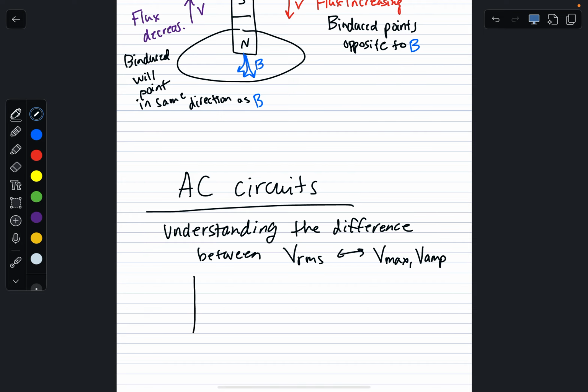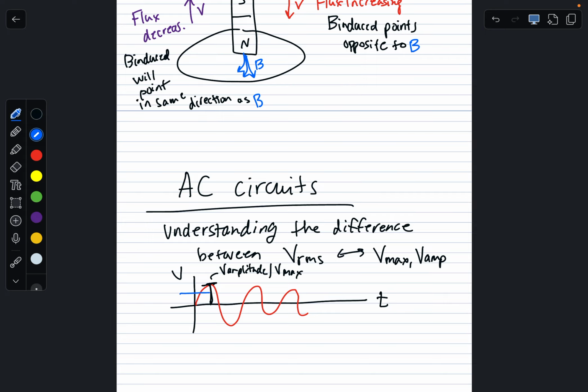So what is that? AC voltage means you have a voltage that's varying in time, and it varies in time according to a cosine function. Pretend that that's an evenly spaced cosine function. If this is your voltage versus time, this guy right here is the amplitude, V amplitude, also known as the maximum V. The RMS value is this value right here, which you can get by taking that amplitude or max, they mean the same thing, and dividing by the square root of 2.